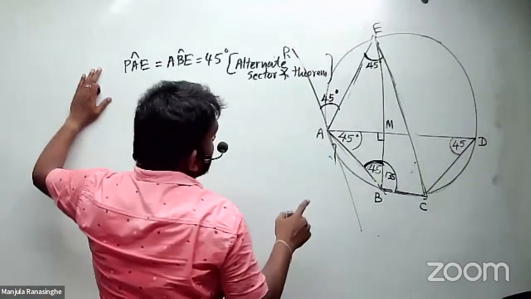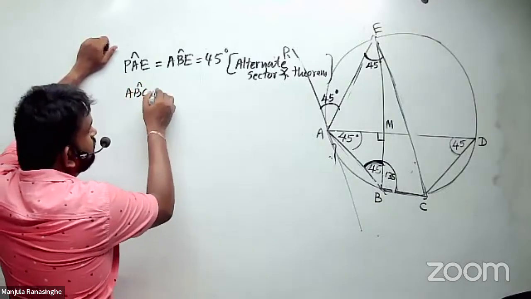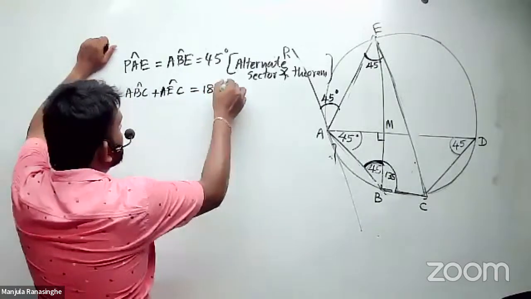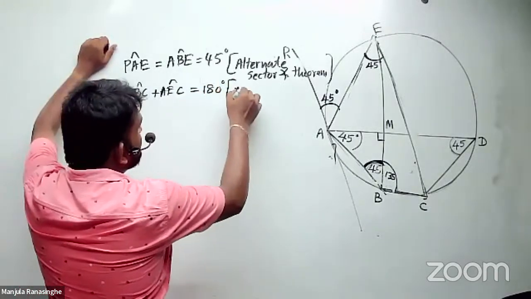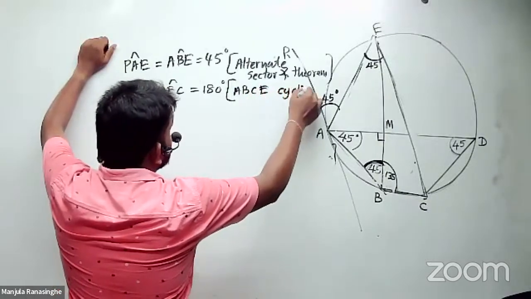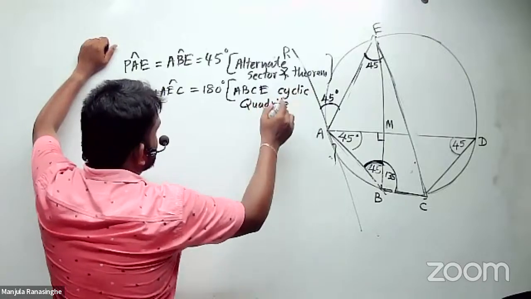Okay, now you can say that angle ABC plus angle AEC equals 180. What is the reason? ABCE is a cyclic quadrilateral and its opposite angles are supplementary.